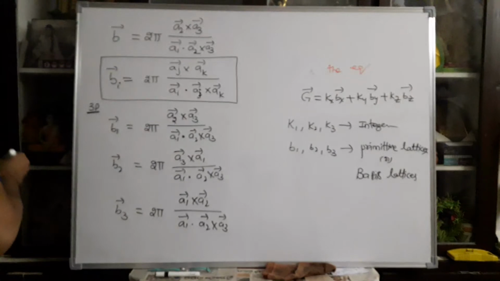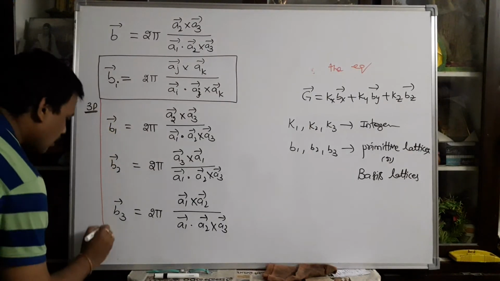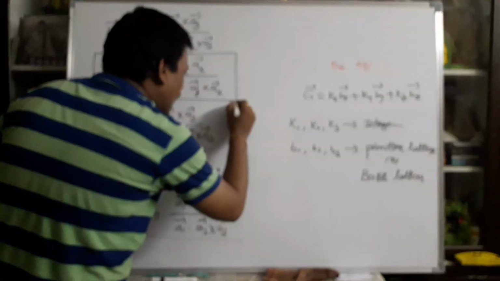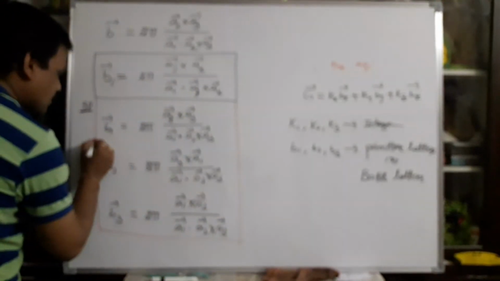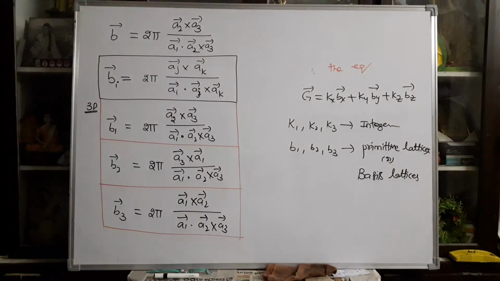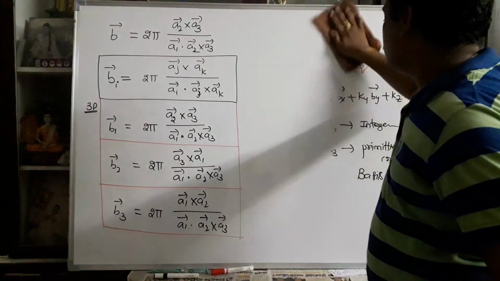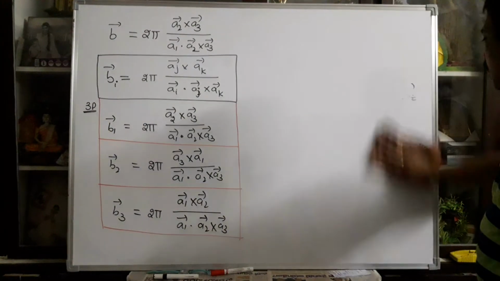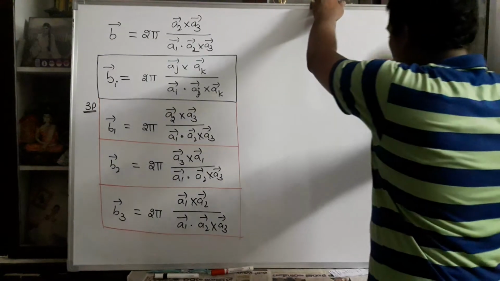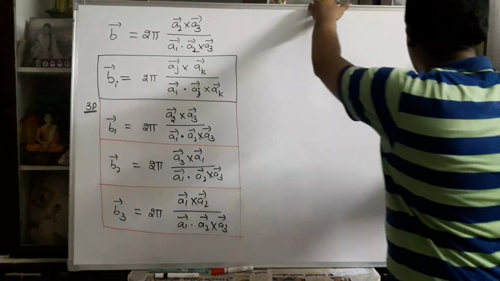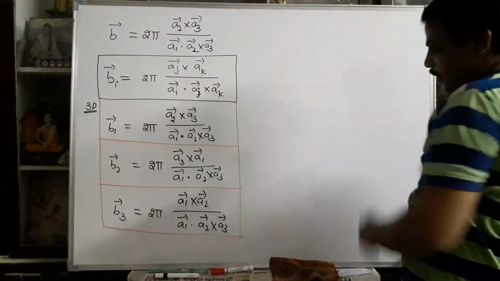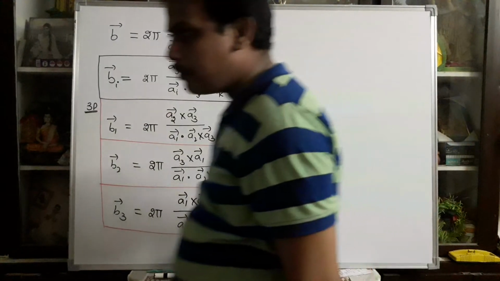These are the primitive lattices, or the basis lattices, along the x-axis, y-axis and z-axis. That is the representation of primitive lattices from the three-dimensional point of view: b1 bar, b2 bar, b3 bar.